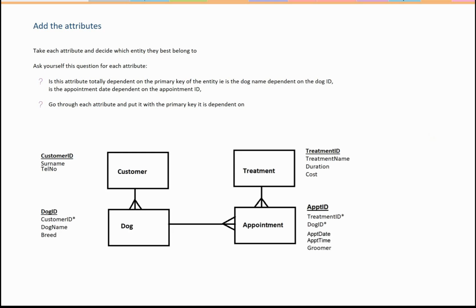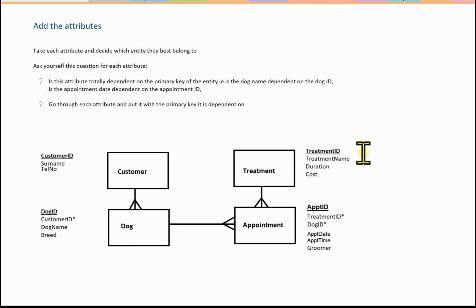So here we have our ERD now, and let's just go through each entity. We've got customer ID, primary key, surname and telephone number are dependent on that customer ID. Dog ID, primary key, the dog name and the breed are dependent on that dog ID.